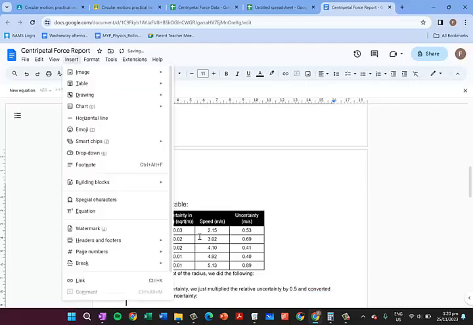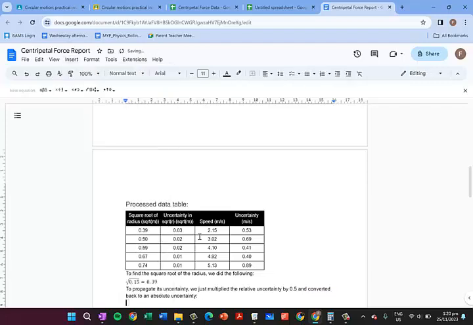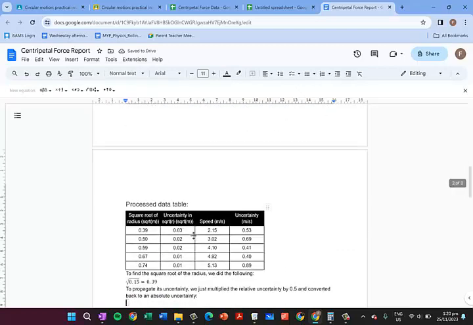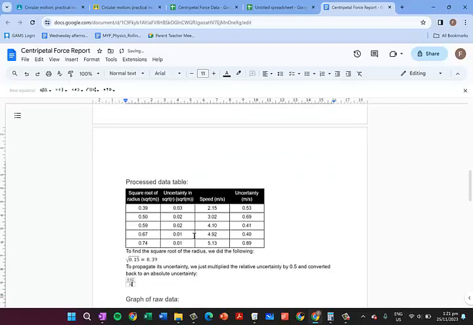So that was insert equation, and it was frac 0.02 over 0.15 times 0.5 times 0.39, which gives us 0.03.